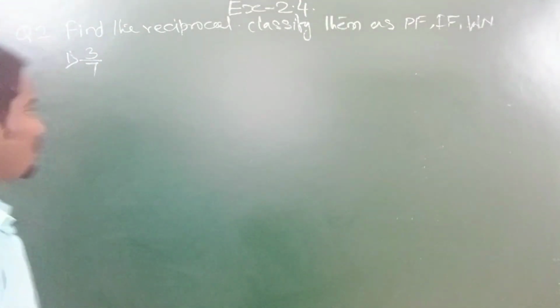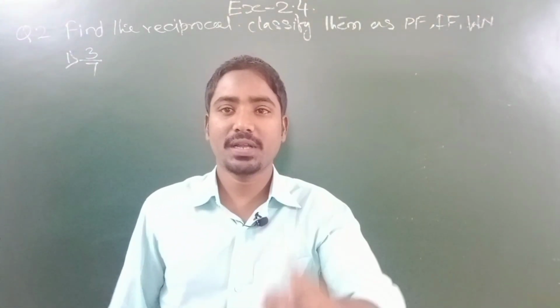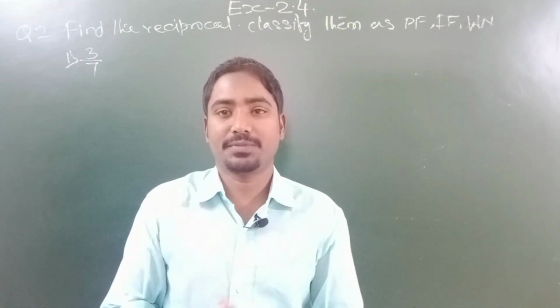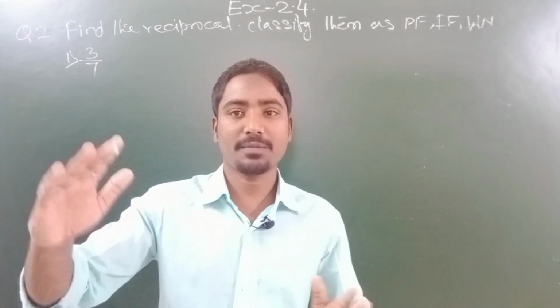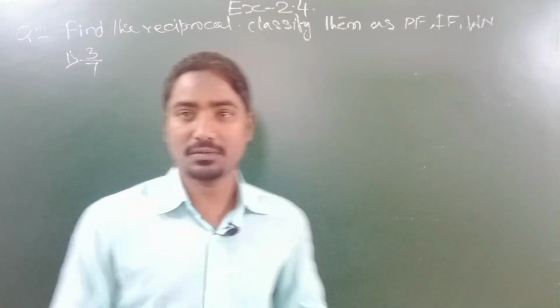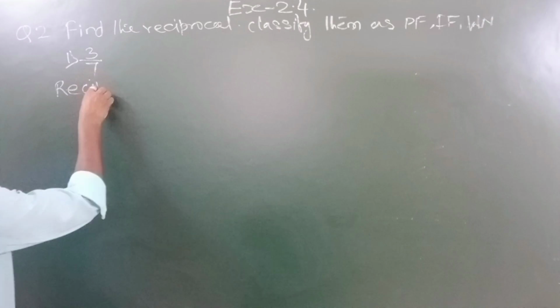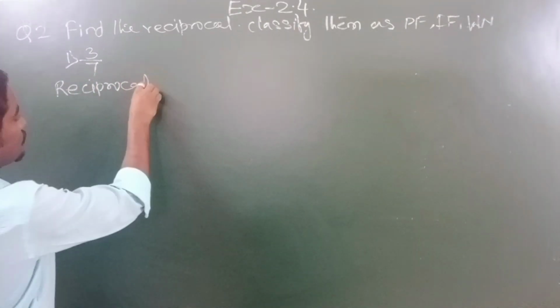First I will solve one question in complete steps. After that I will adopt a shortcut method so that I save my time and yours also. Here we will start with the reciprocal, as you have been asked to find the same.